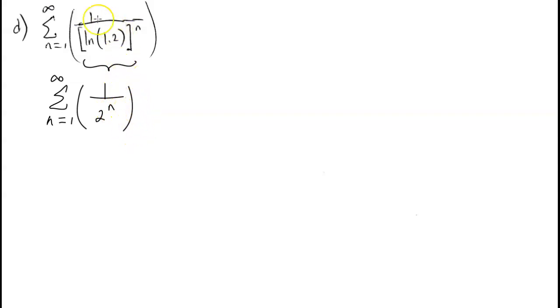This could possibly be a geometric series, because it kind of has the setup for that. And here, if I was to rewrite this, of course, 1 raised to anything is just 1. So I could rewrite my numerator as 1 raised to the n, which means that I could actually have this going on now.